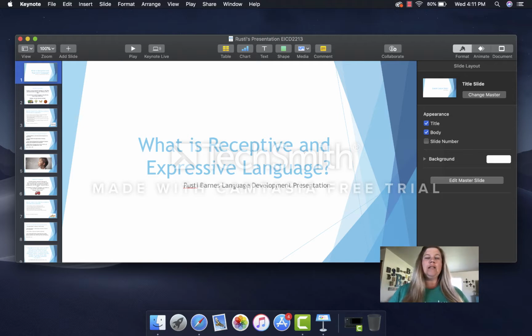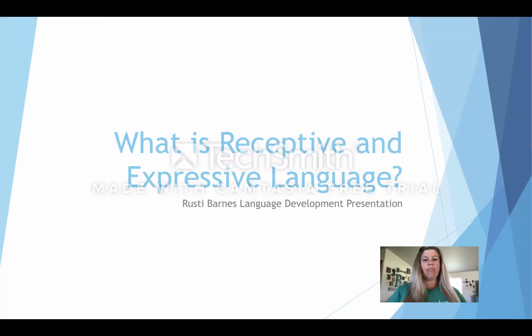We try our best to explain to them that expressive is something that they're coming up with on their own, and receptive is more they're able to point and identify something. So I put this together so that we could print this out and use it to talk to our parents about what the difference is. So here we go. What is receptive and expressive language?